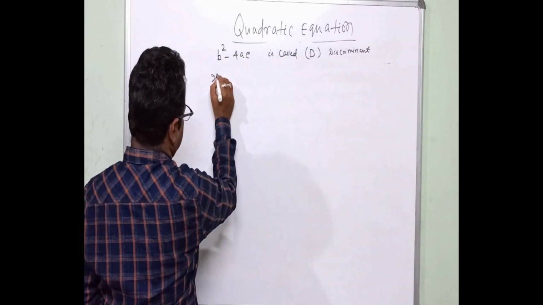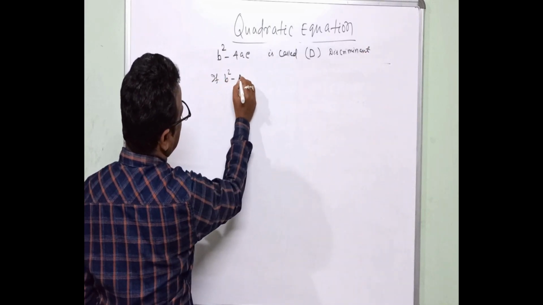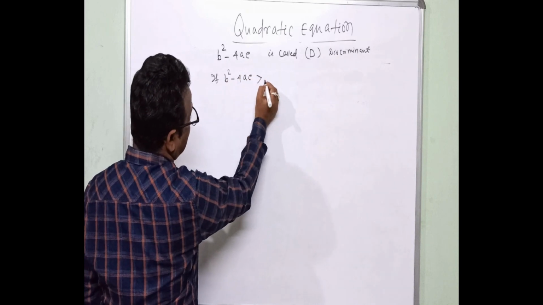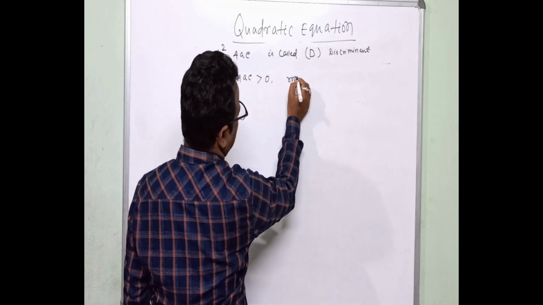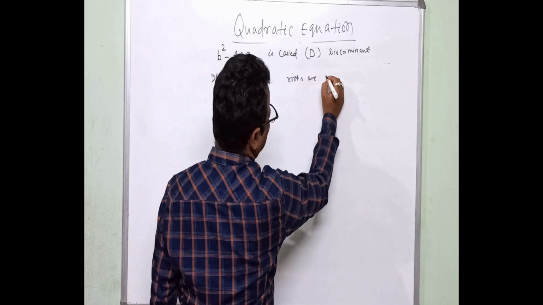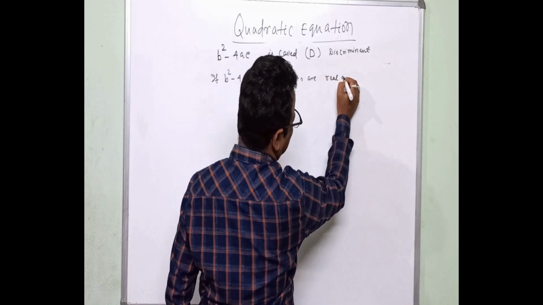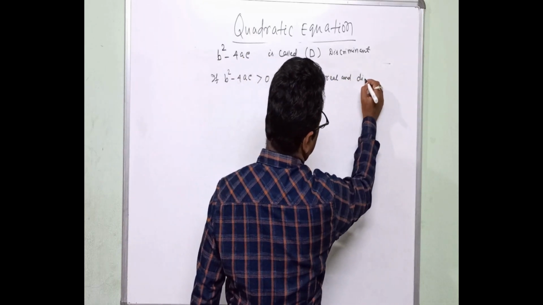So if b square minus 4ac is greater than 0, roots are real and distinct.